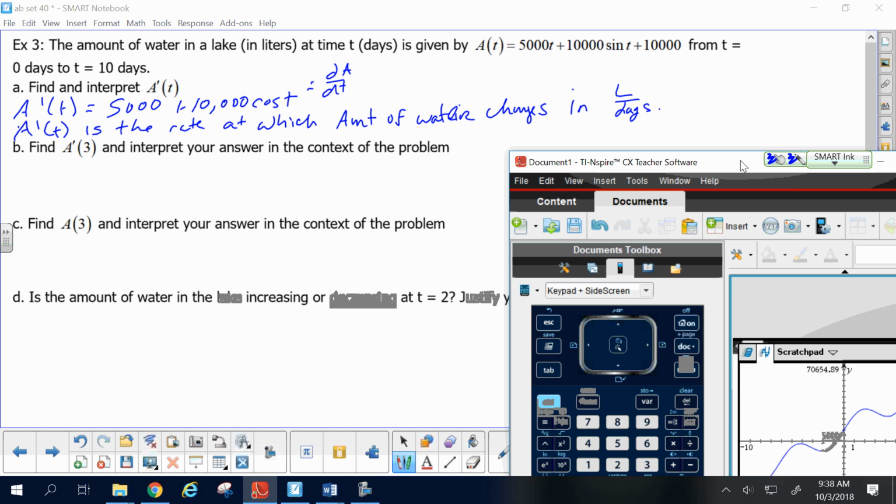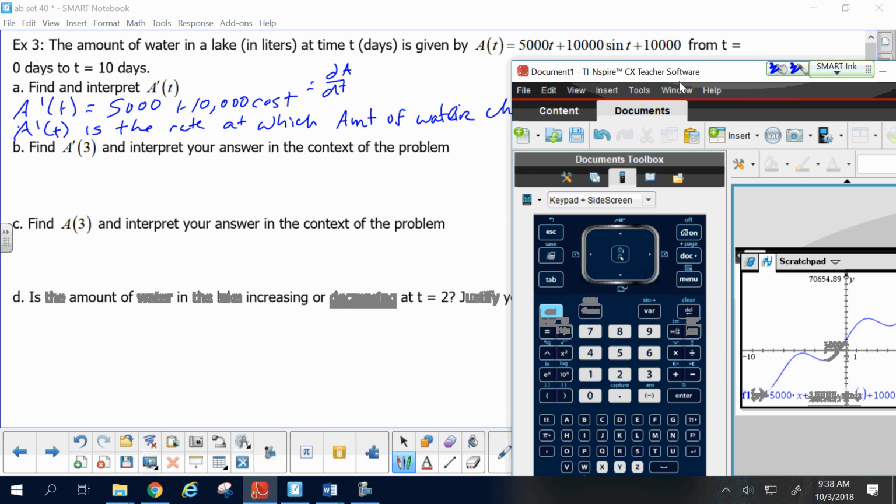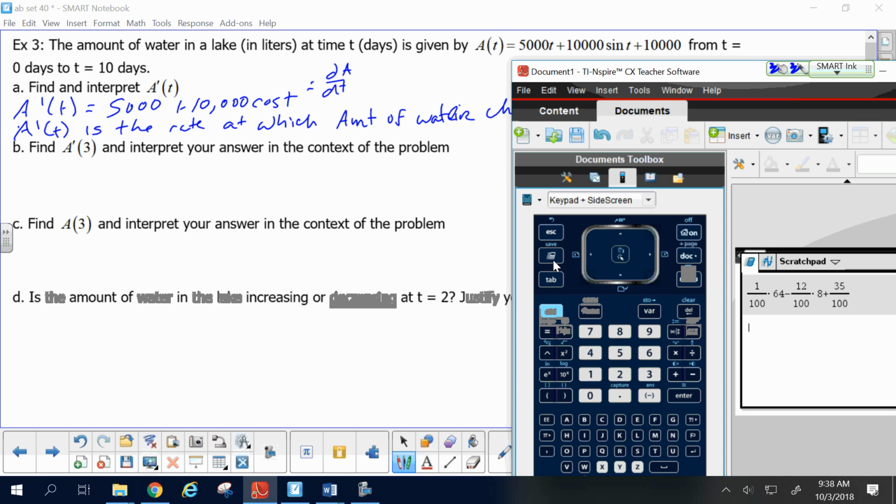Would you find then A prime at 3, and let's talk about the interpretation of that. A prime at 3. Now you could do that one of two ways. You could slap that whole thing in your calculator, have your calculator do the derivative, or you could just take your derivative and put 3 into that. Either way, you should get the same answer.